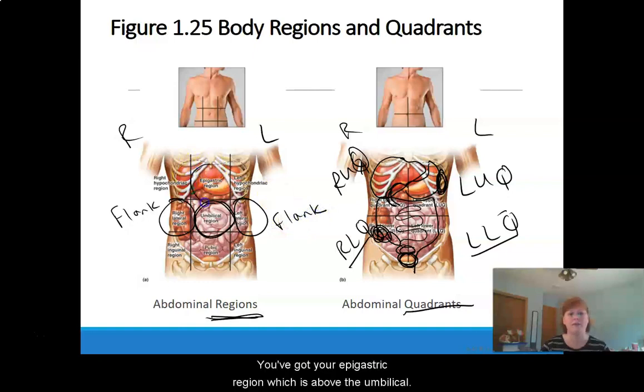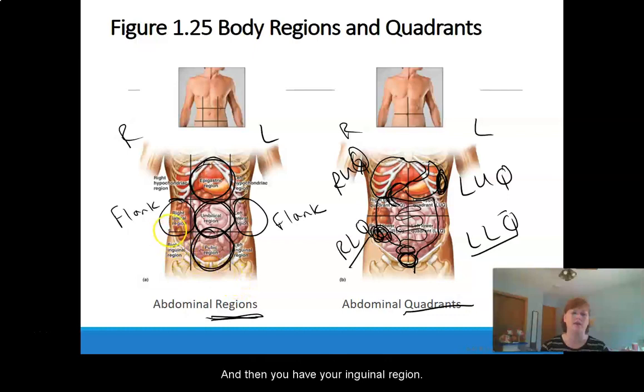You've got your epigastric region, which is above the umbilical, and your pubic region, which is below the umbilical. And then you have your inguinal regions, right inguinal and left inguinal, and then hypochondriac, upper right hypochondriac and left hypochondriac.